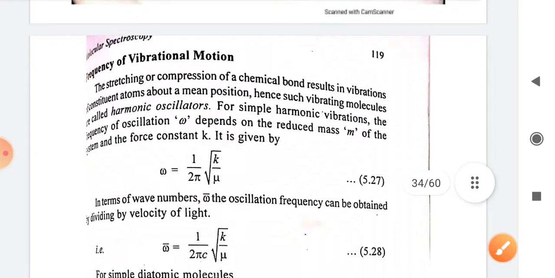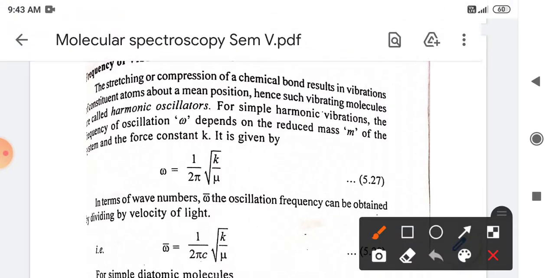Now next is the vibrational frequency, or the frequency of vibrational motion. The stretching or compression of the chemical bond results in vibration of the constituent atoms about their mean position. Hence such vibrating molecules are called harmonic oscillators.